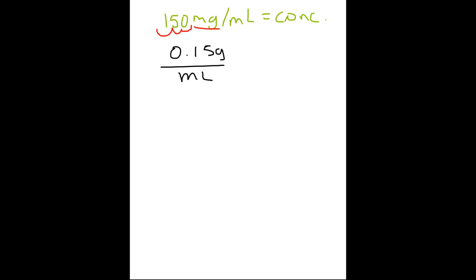And we already have it set up as grams per milliliter. All we have to do is multiply by 100 to get our percent strength. So multiply 0.15 times 100. That's the same as moving our decimal 2 spaces to the right. And that would give us 15%.